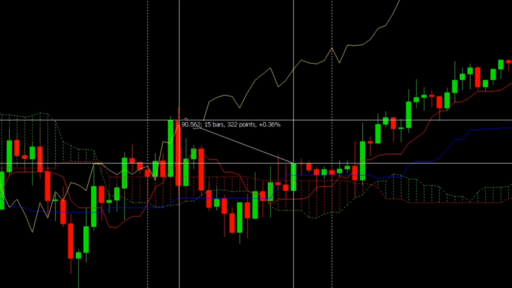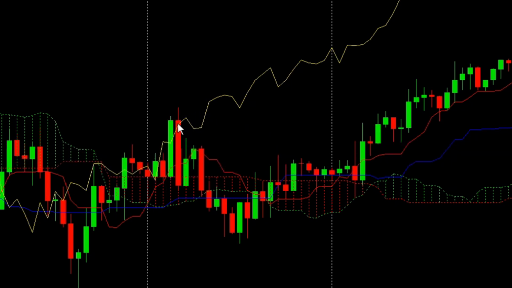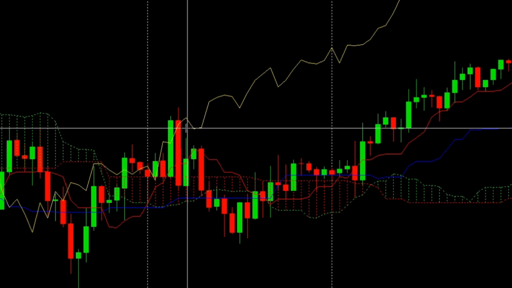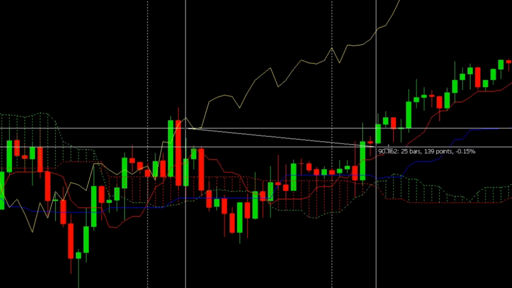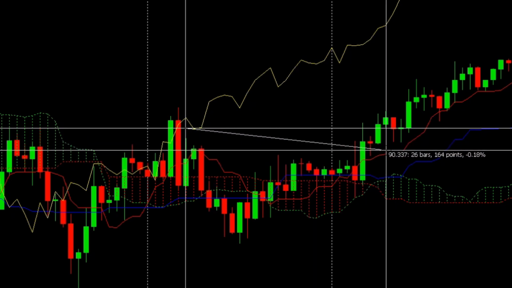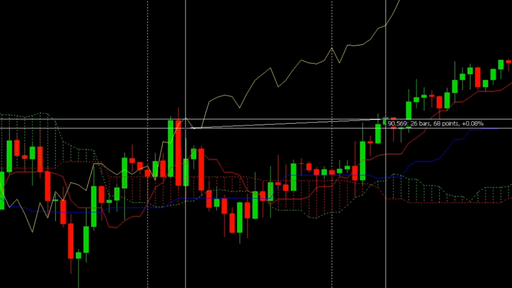Now, as you can see, the Senkou Span originally starts to move away from the price action and get some decent distance at this bar here. So let's take a look at what the price action would have been at this point in time, and the price action would of course have been 26 bars in the future, which is this bar here.